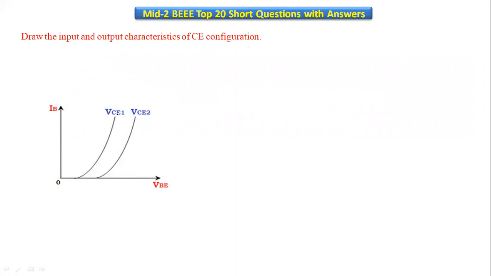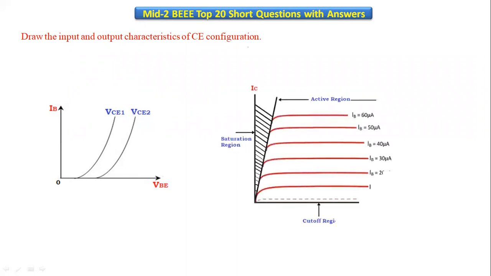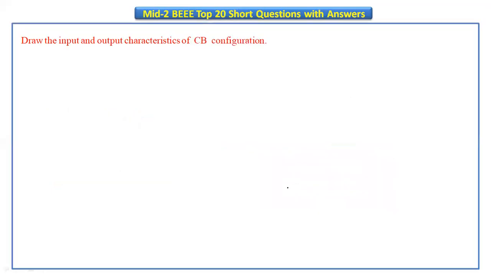If the output voltage increases, the characteristic shifts towards the right side. Next, output characteristics. These are the output characteristics. Output characteristics are drawn between output current and the output voltage at constant input current. Here we will get the characteristic like this. These output characteristics have three regions: active region, saturation region, and the cutoff region.